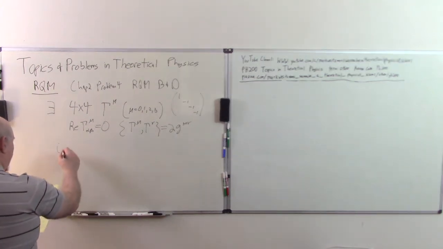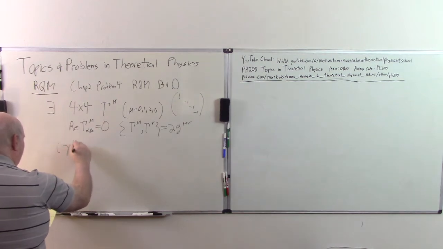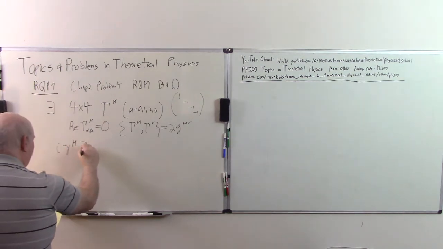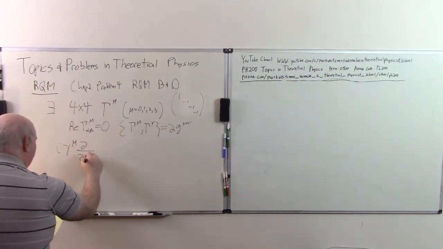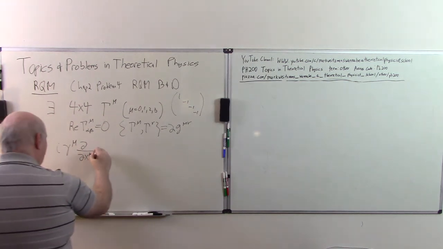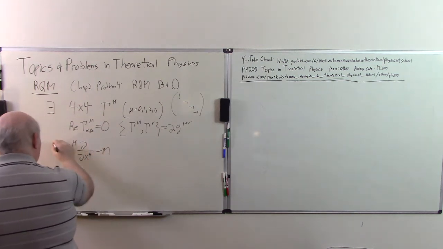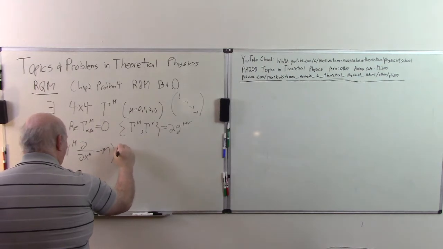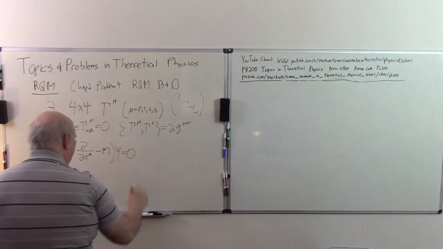Anyway, the celebrated Dirac equation is (iγ^μ ∂/∂x^μ − m)ψ = 0.